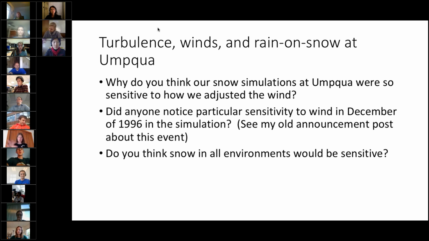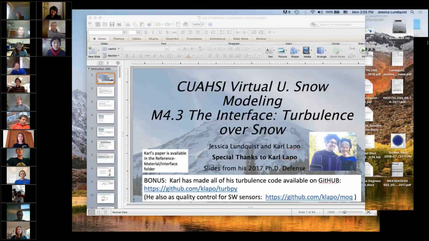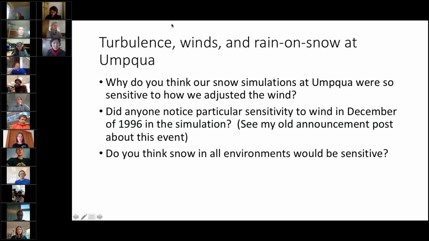Sublimation will lose snow, you'll lose mass, but it will actually cool the snow surface quite a bit. So any thoughts about, has anybody noticed, when you're playing with the simulations, any particular sensitivity to wind in December of the simulation, December 1996?